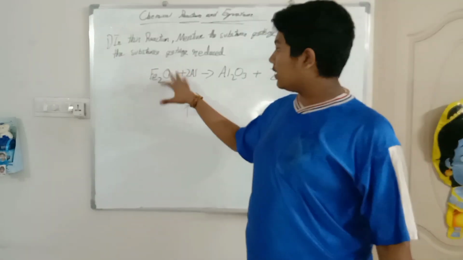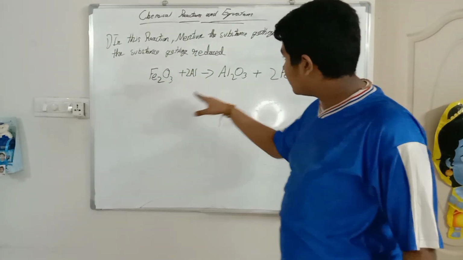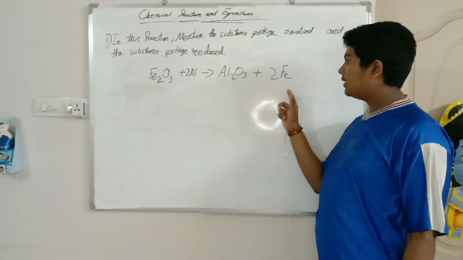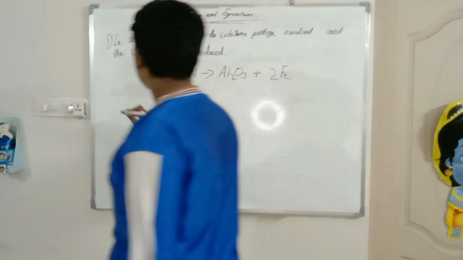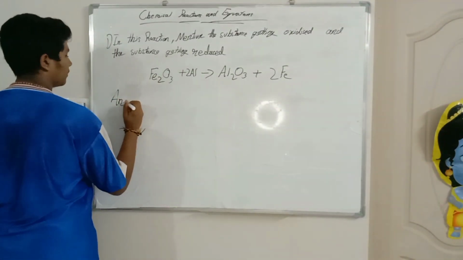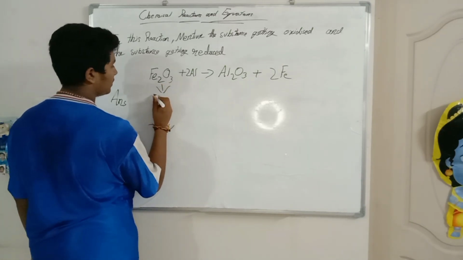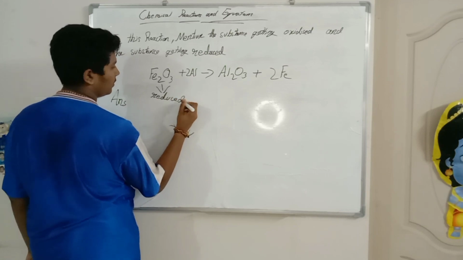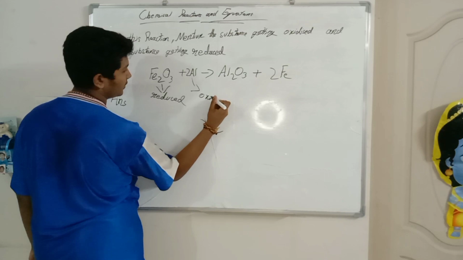Here in Fe2O3 oxygen is present. Here Al, but when you check the product, this is getting an O, and here no O is there, which results in this being the substance getting reduced, and this is the one getting oxidized.